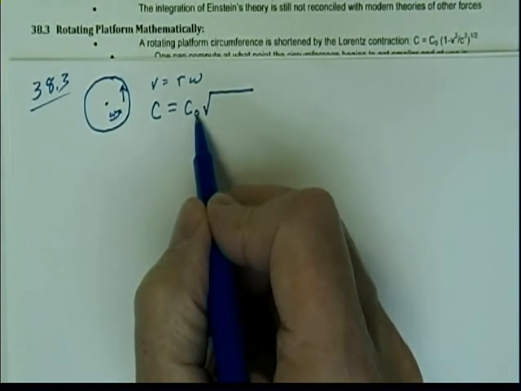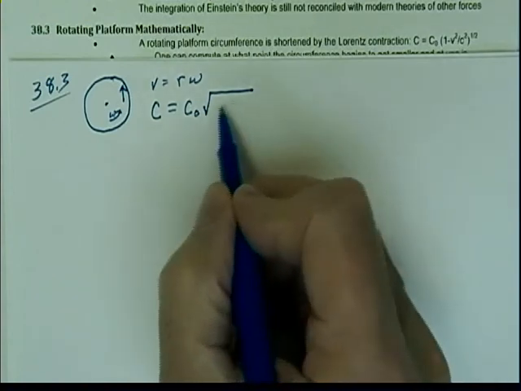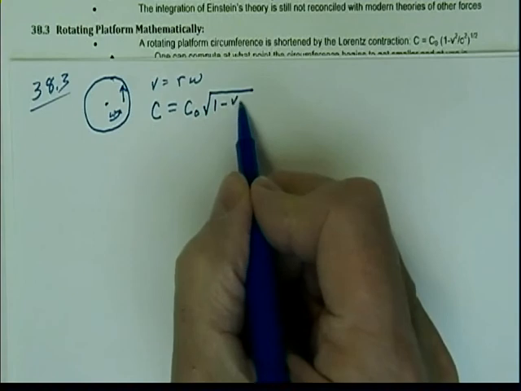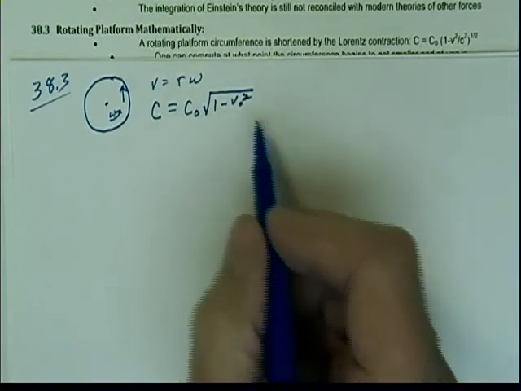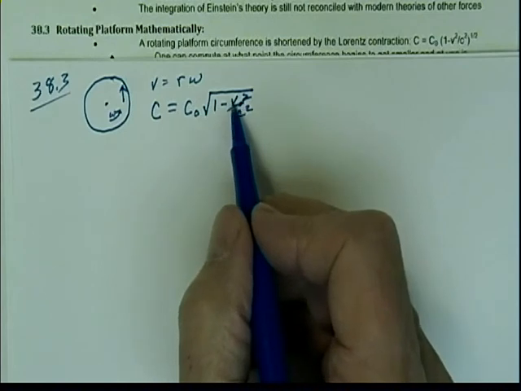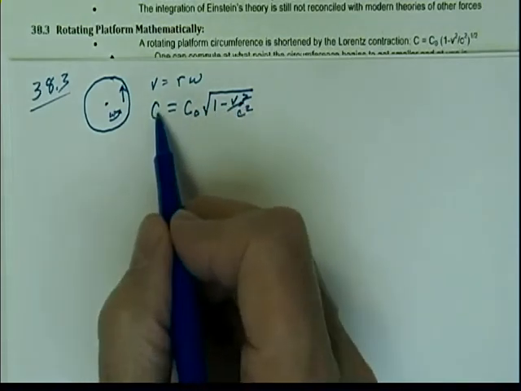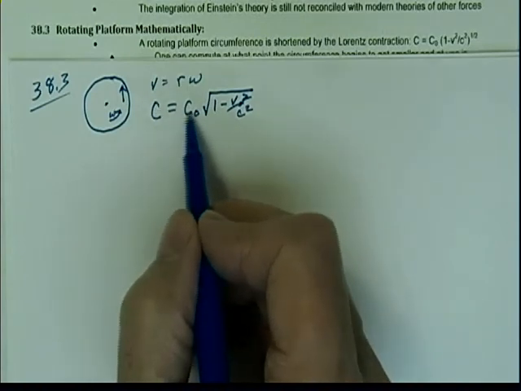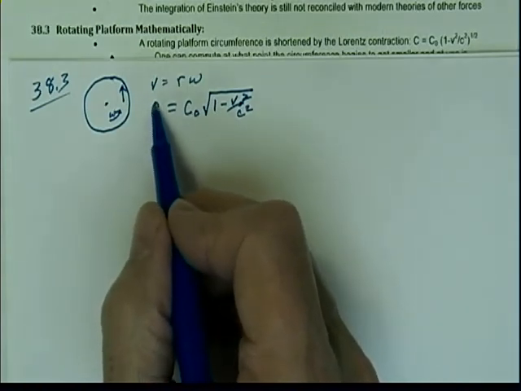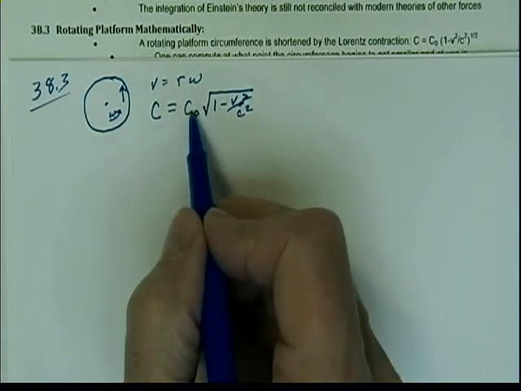So it's going to be the regular circumference, 2 pi r, times the square root of 1 minus v squared over c squared. If v gets larger and larger, the circumference we observe is shorter than that which we would anticipate.